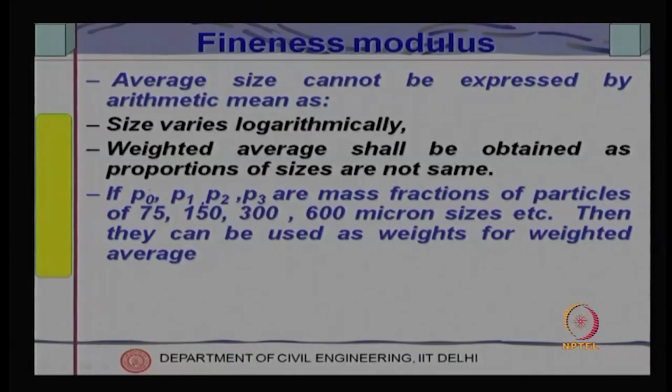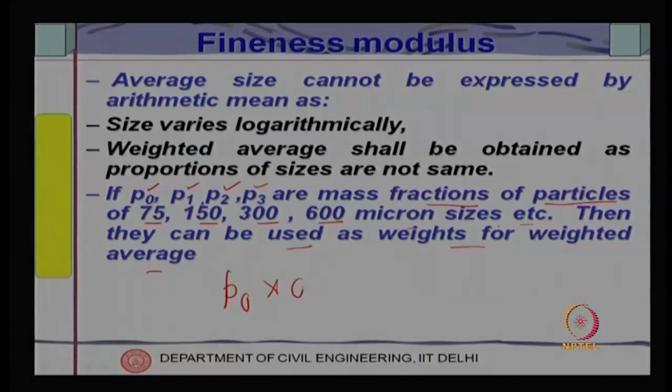So, if we know P 0, P 1, P 2, P 3, etc., as the fractions of particles in 75, 150, 300, 600 micron sizes, etc., then they can be used as weights for the weighted average. So, P 0 is the proportion.